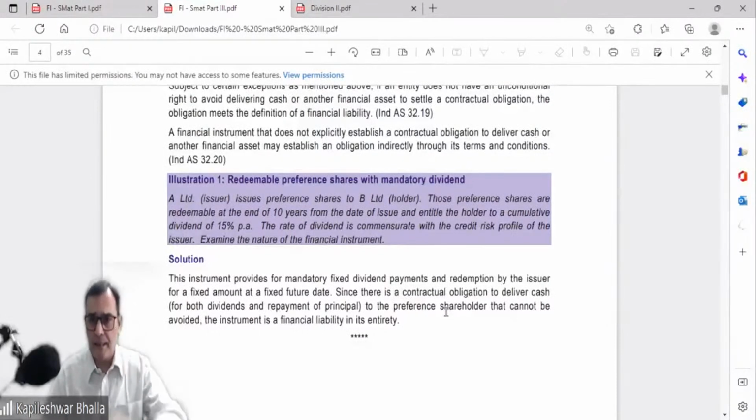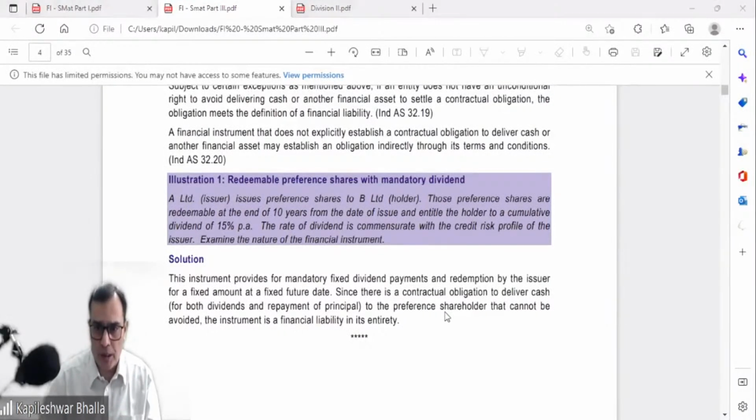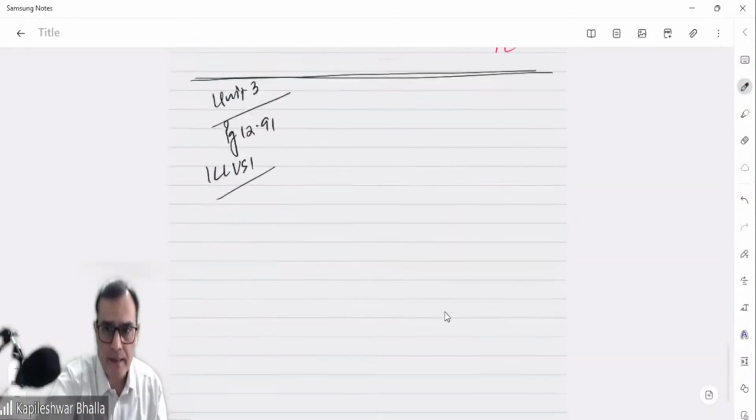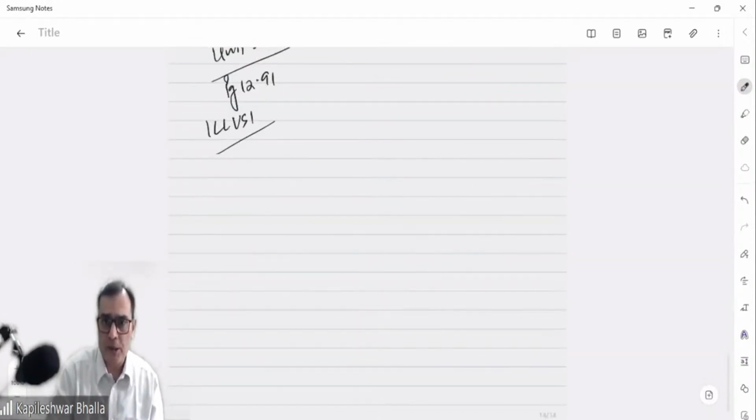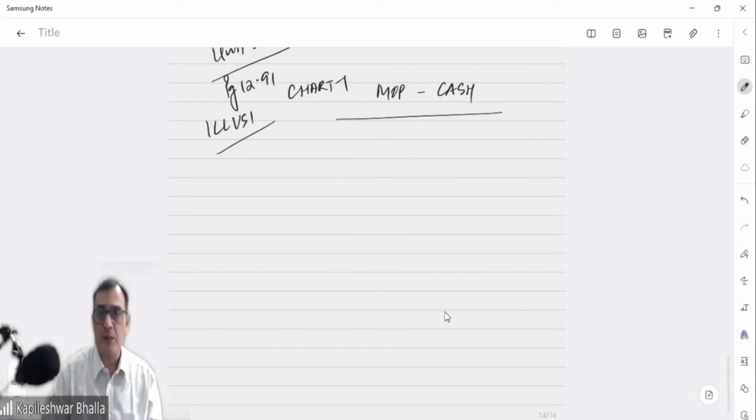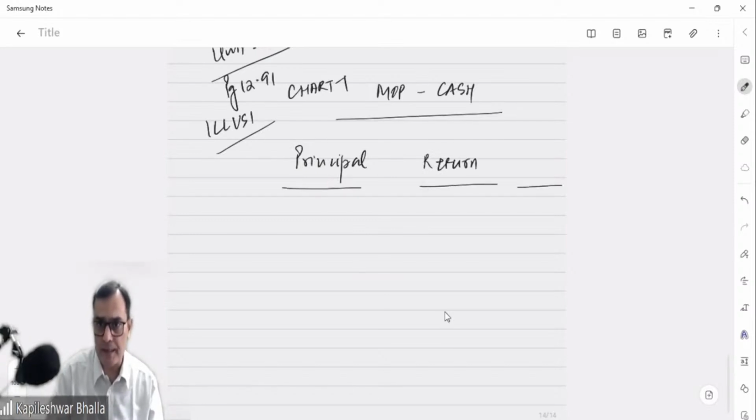Okay, let me just come back to my chart, in this case, illustration 1, and let's get the input. One thing is pretty clear in this case: the mode of payment is cash again. So based on my chart number 1, because the mode of payment is cash, we're looking at the principal element and the return component, and on that basis we will decide the nature of the instrument.